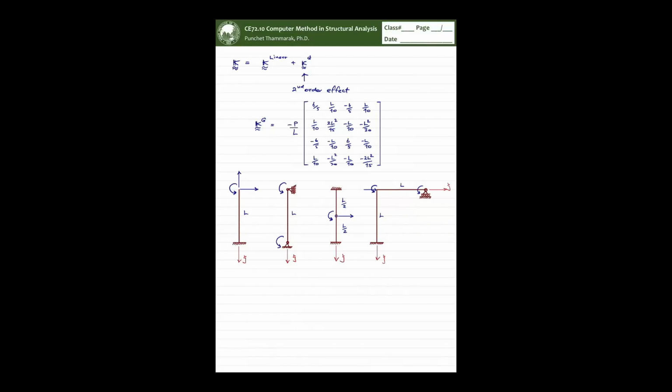So if you guess what you're going to get, your buckling load will be a function of the EI and the L and some number, if you can guess from here, right?